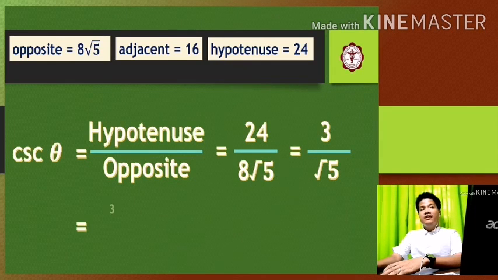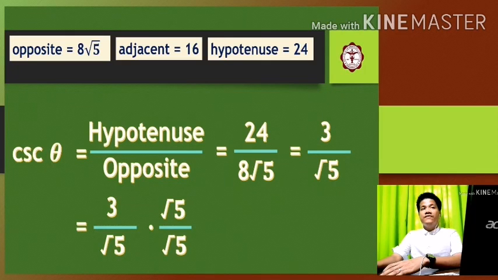By rationalizing, we have 3 square root of 5 multiplied by square root of 5 over square root of 5. That will give us the value of 3 square root of 5 over 5. So the value of cosecant theta is 3 square root of 5 over 5.